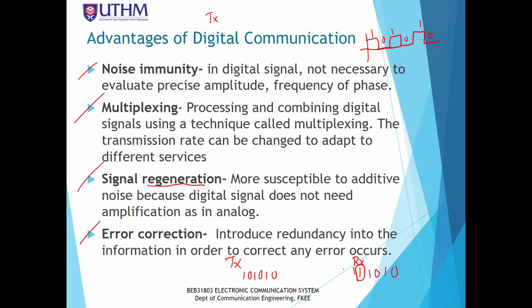In a digital system, it has the capability to detect the error and do the correction, to become 101010. So although the chances of errors happening in the system are higher, we can do the corrections. Okay, so that's the advantage.